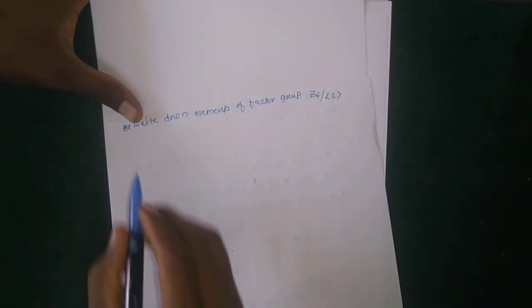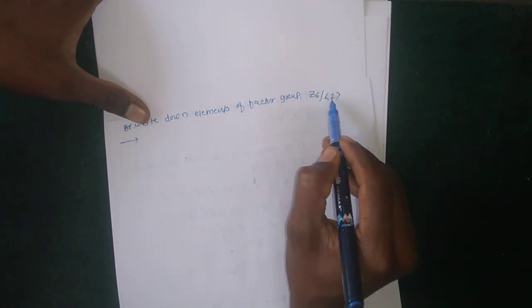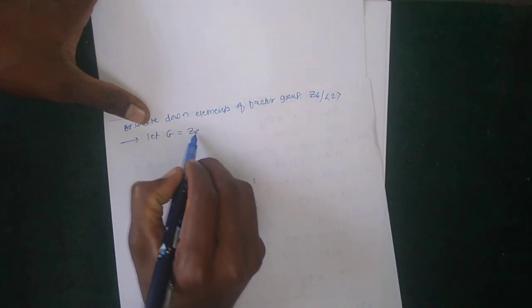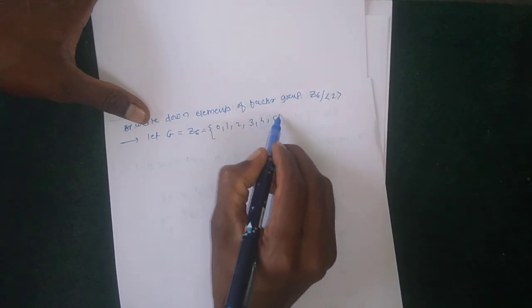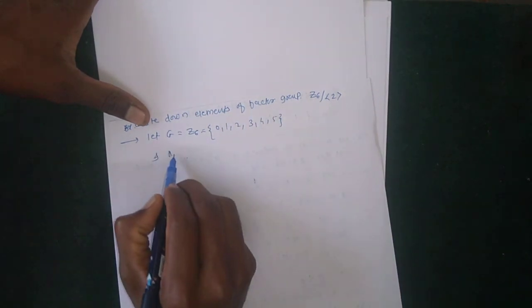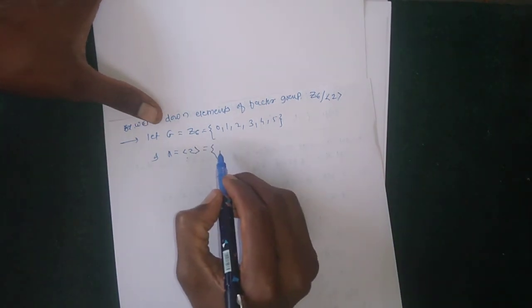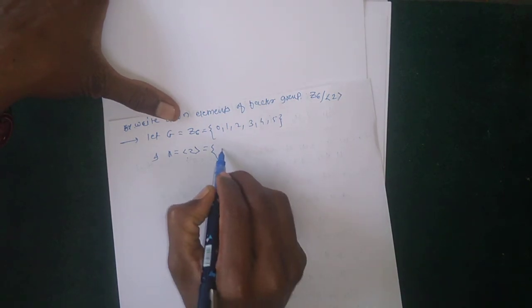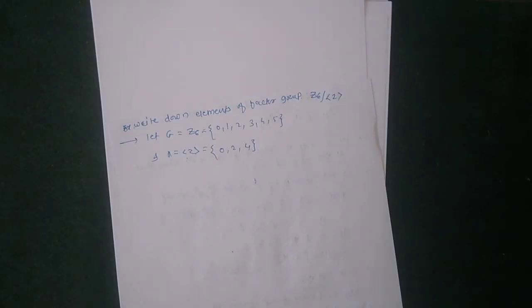Here the given group G is Z6 and H is generated by 2. Let G equal Z6, which contains the elements 0, 1, 2, 3, 4 and 5, and H is generated by 2, which contains the elements 0, 2, 4. Only 3 elements, okay.